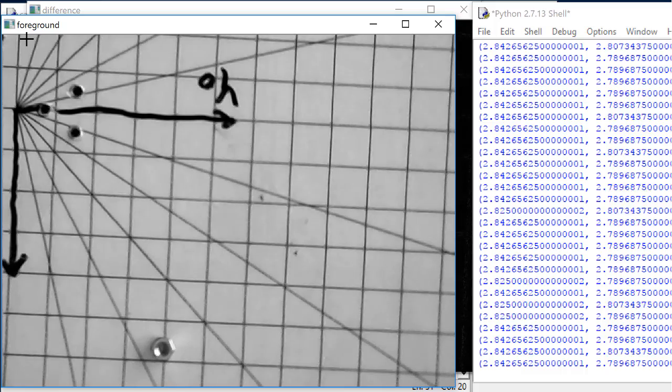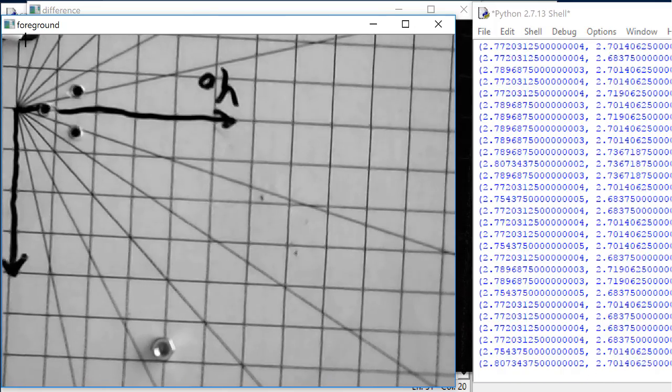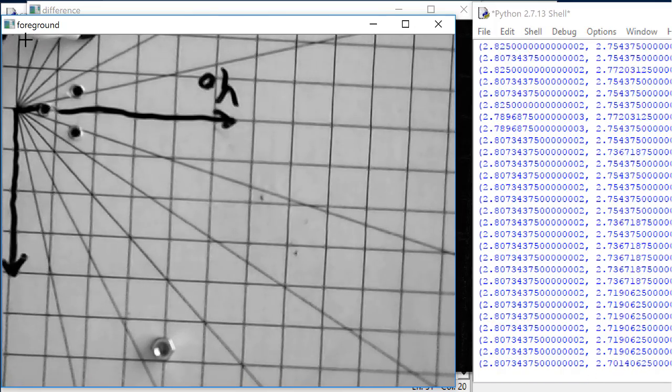It's a little bit difficult to do because you have to draw while looking at the camera screen, not while looking at the board. But I'm going to try and do it. So the center of the 0, 0, the camera frame is up here. And then it goes like, there's another dot.